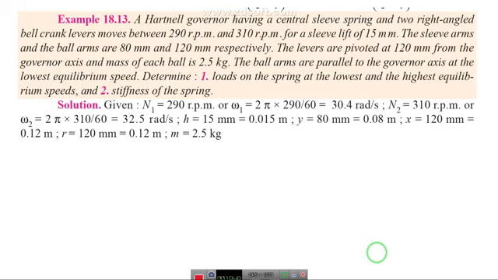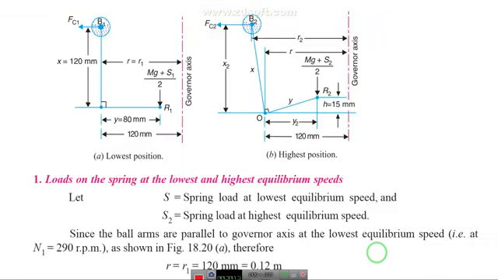In this problem, a Hartnell governor has a centrifugal sleeve operating at two different speeds, minimum and maximum, with N1 and N2 values given, the sleeve lift given, and the ball weight and arm weight given. We have to calculate the load on the spring at the lowest and highest equilibrium speeds and the stiffness of the spring.